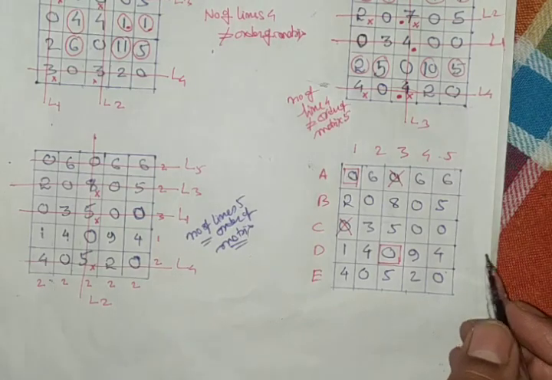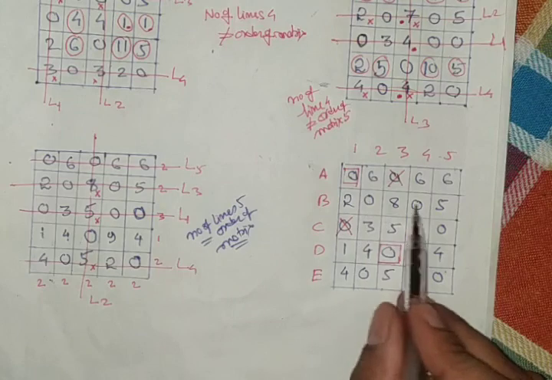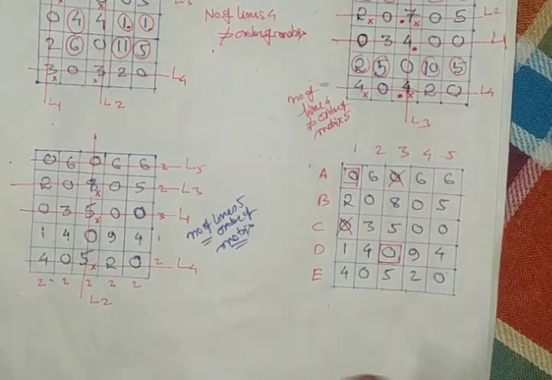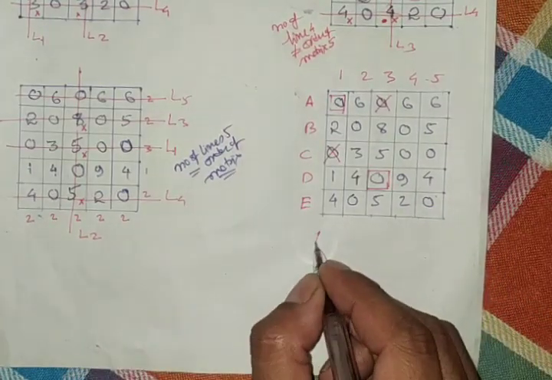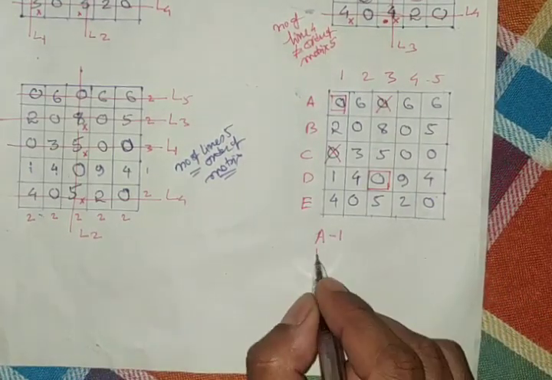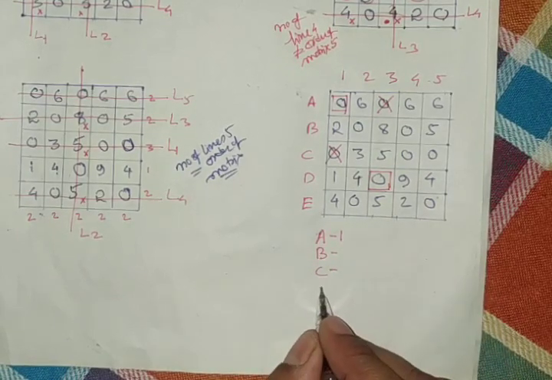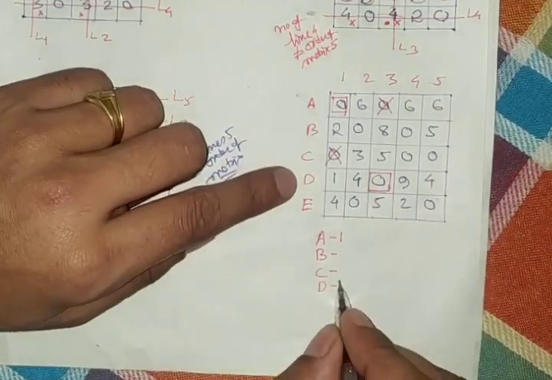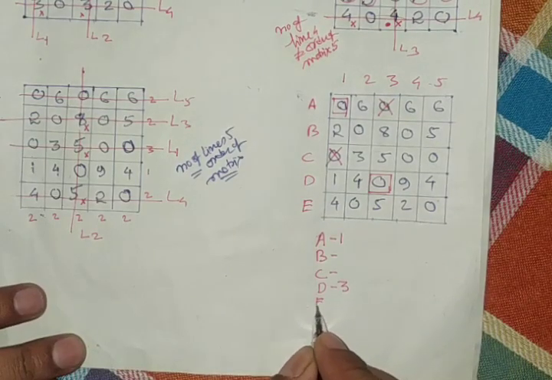Now the problem is that here, this is the difficult part. So here A is assigned to 1, B we don't know, C we don't know, D is assigned to 3, and E we don't know.